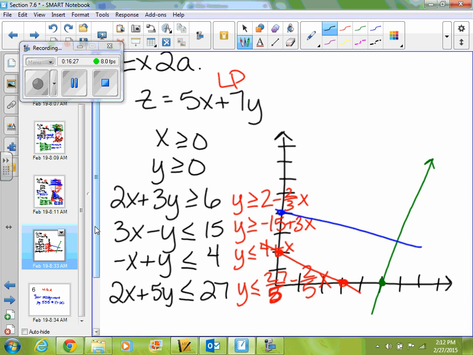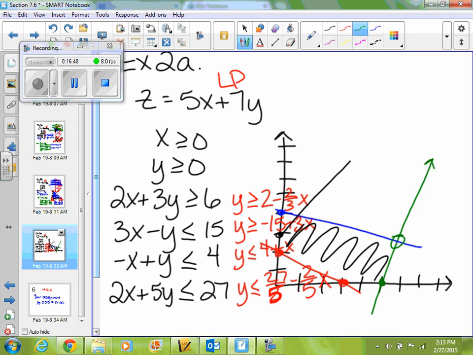And then my last line crosses my y-axis at 3 and goes up. And so this inside area of this strange looking four-sided figure is the part I care about.